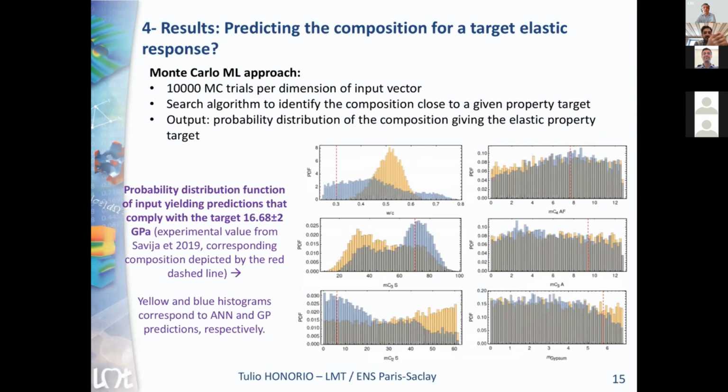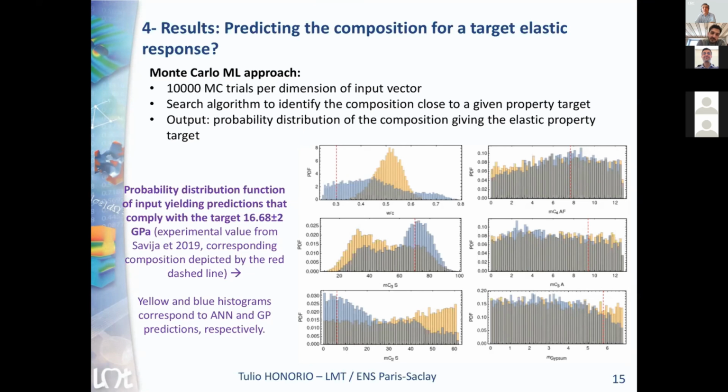Our input vector has 7 dimensions, so we did 7 times 10,000 MC trials. And then in this newly generated data, we look for the values of the projections that comply with the target elastic response that we are looking for.